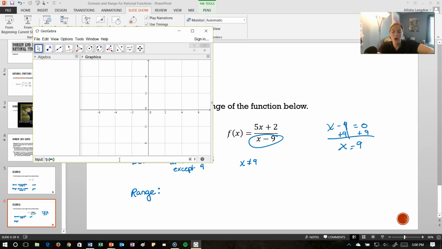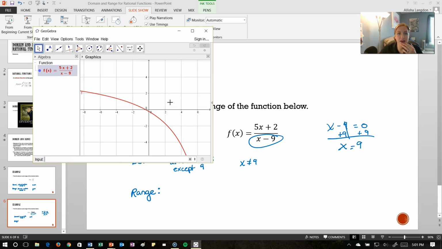Now, a good thing to note here is that the numerator should be in parentheses and the denominator should be in parentheses when you're typing these up for the computer program. Otherwise, it won't register correctly. So notice I put that numerator in parentheses and the denominator in parentheses and then divided those two.